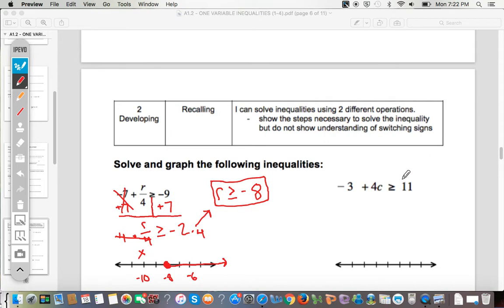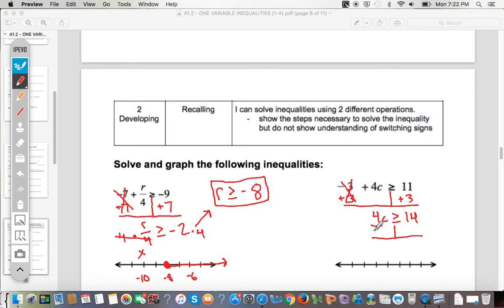Go over to this one, make my t. I need to get rid of this negative 3, so I'll add 3 on both sides. So I'm left with 4c is greater than or equal to 14. So I'll make another t.